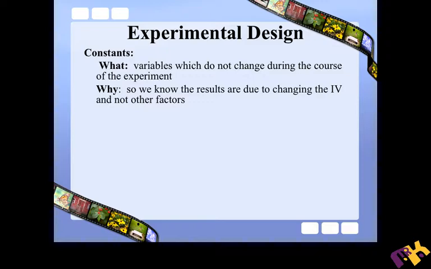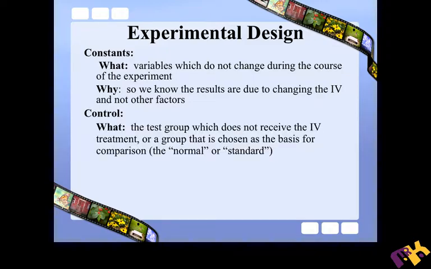We're doing all these other things that might affect our results. So that would be part of these constants, almost like controls of the experiment, that we want to keep the same throughout the entire duration of the experiment, because we don't want that to affect what we're doing.